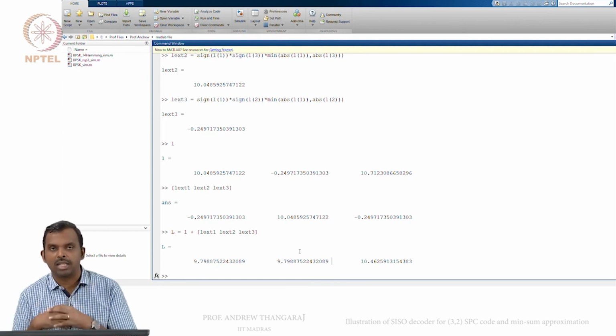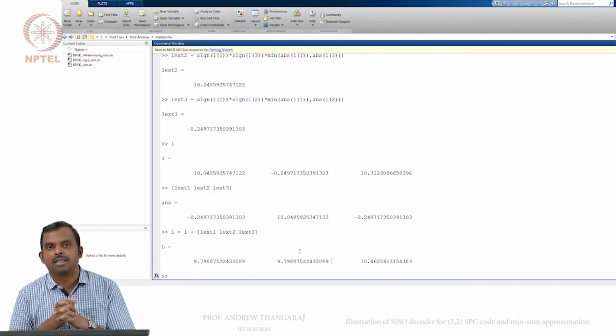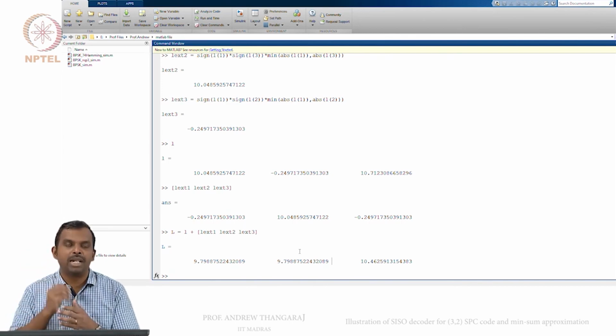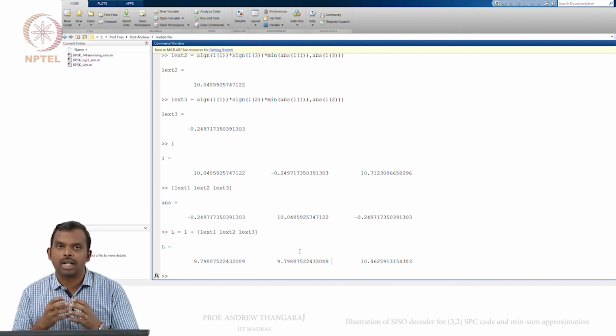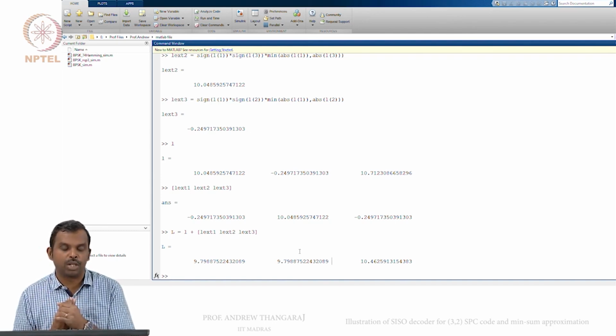Now, you can repeat this for other received values as well and see how this works to get some more intuition. I also showed you how the function f falls very rapidly. So, you have to only look at lower values of the argument of the function f.